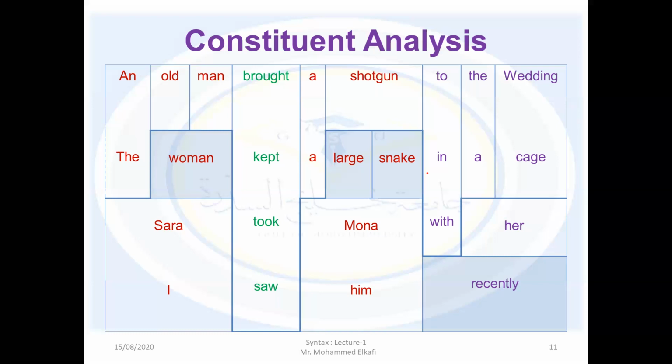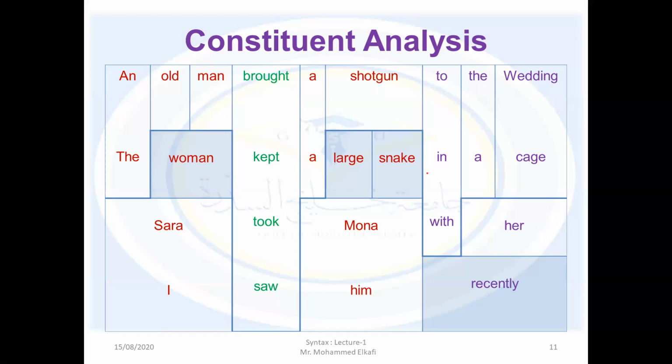Okay, so we'll find prepositional phrases which are used to tell about place or even time are used as adverbial. So for this reason, we connect them together here in the same color.